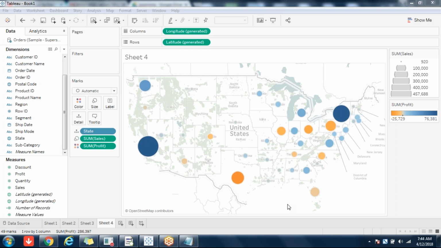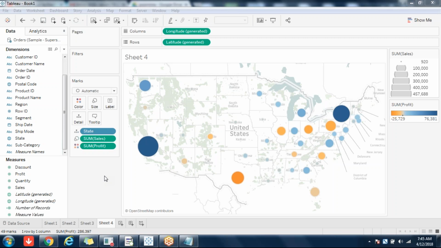You can add a reference line showing the scale of the circles. Some circles are bigger and some are smaller, so you definitely can.